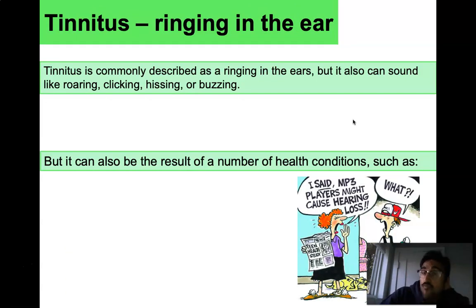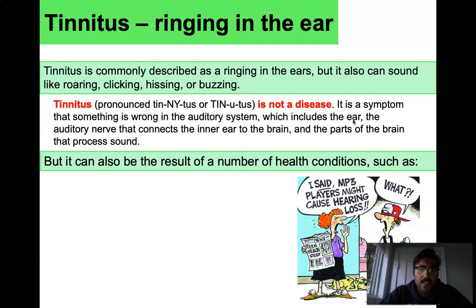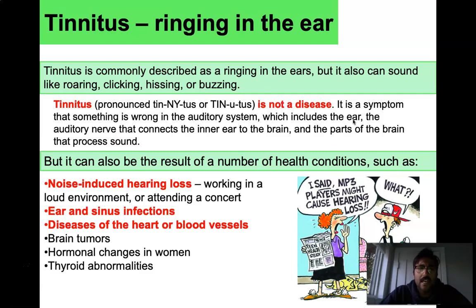Tinnitus is a ringing in the ear, commonly described as just like a hiss or a ring, very annoying, drives people quite literally crazy often. People with tinnitus usually require like counseling and psychiatric help because it's always there, and it's not only distracting but alarming. Now it can be caused by damage to the ear.